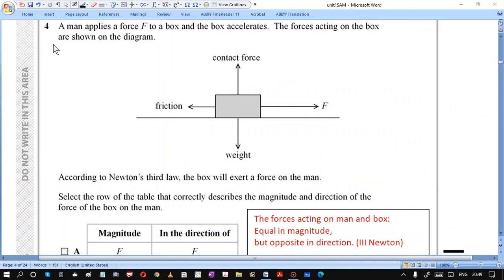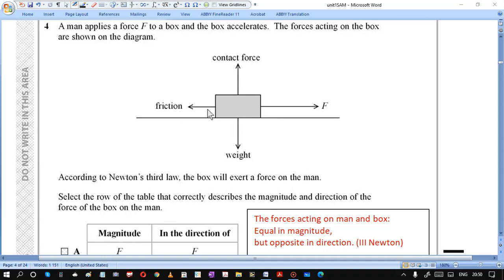Question 4. A man applies a force to a box and the box accelerates. The forces acting on the box are shown on the diagram. According to Newton's third law, the box will exert a force on the man. So if force F, the man pulls the box, it means that the box also pulls the man with equal force in the opposite direction.